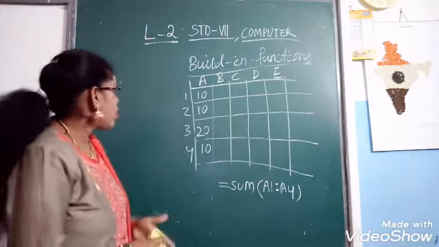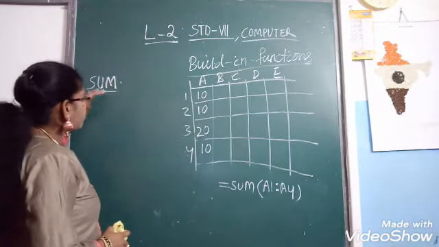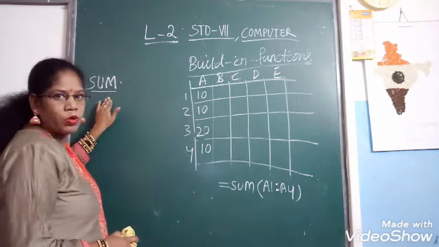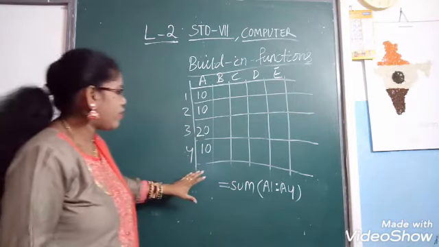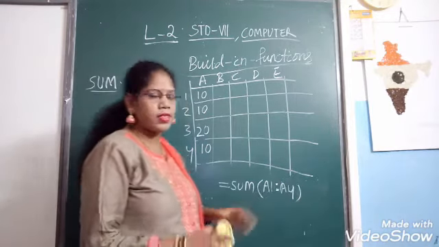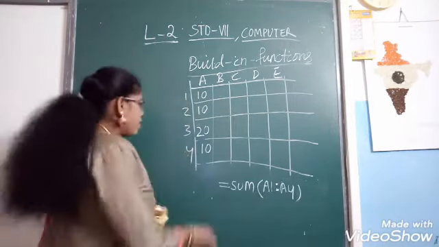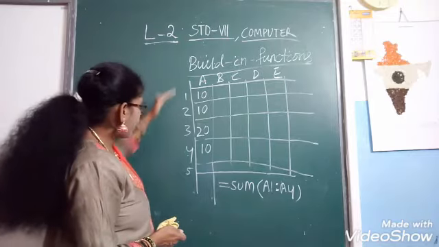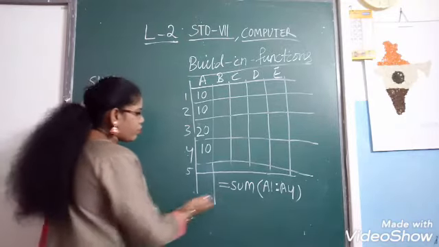This is what the built-in function will do: it will take the whole range of the cells. Suppose in cell 5 there is no value, and you have to add from A1 to A5.